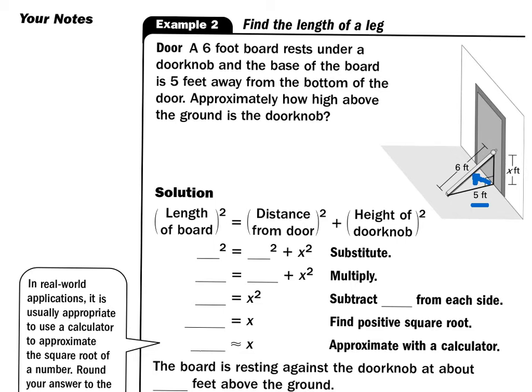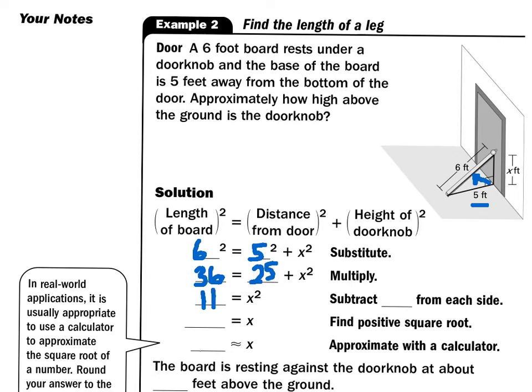So again, we write down our formula. We substitute for what we know. 6 squared equals 5 squared plus something squared. We work these out into numbers. And then we need to subtract the 25 to get the x squared by itself. So 36 minus 25 is 11.